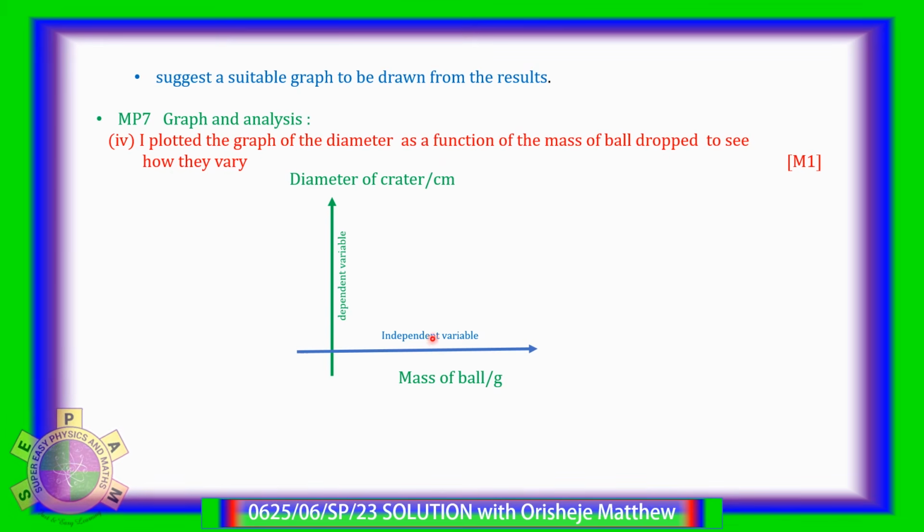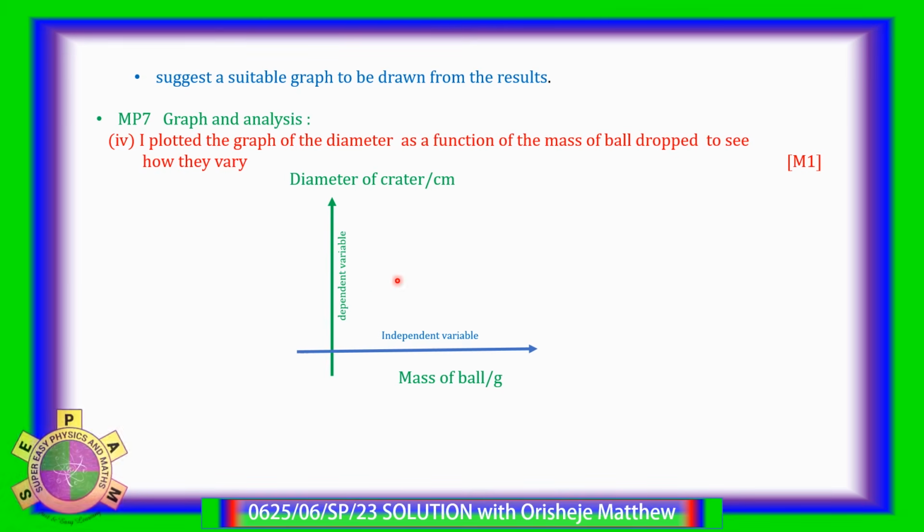When you are plotting your graph, the independent variable should be your x-axis, because as you vary this one, it produces this result. So you use the mass to produce the diameter. The diameter is a function of the mass. So you always make the independent variable the x-axis, and then you plot the dependent variable on the y-axis.